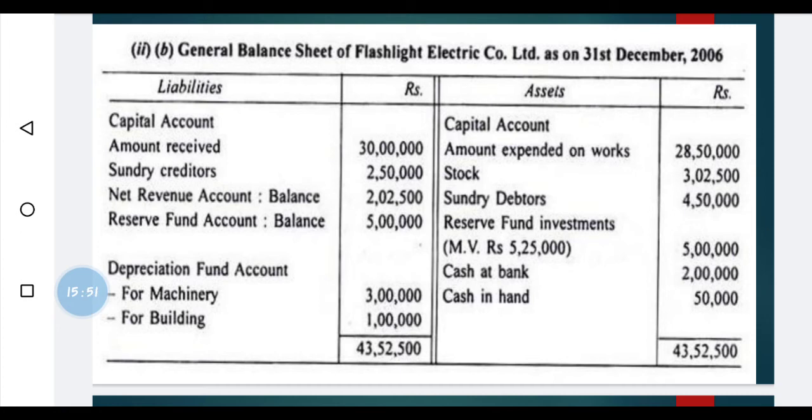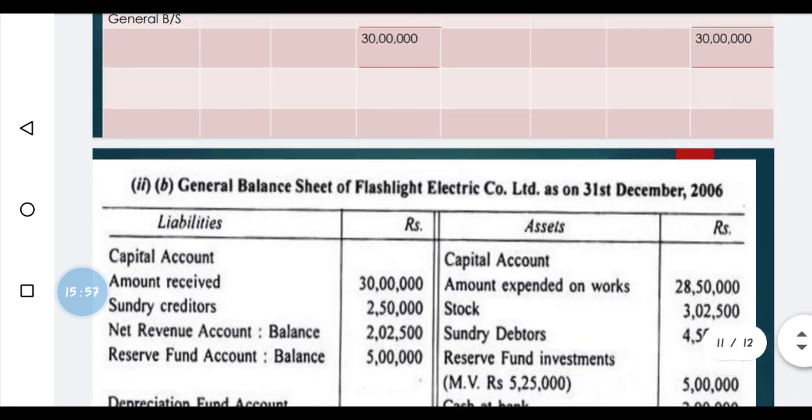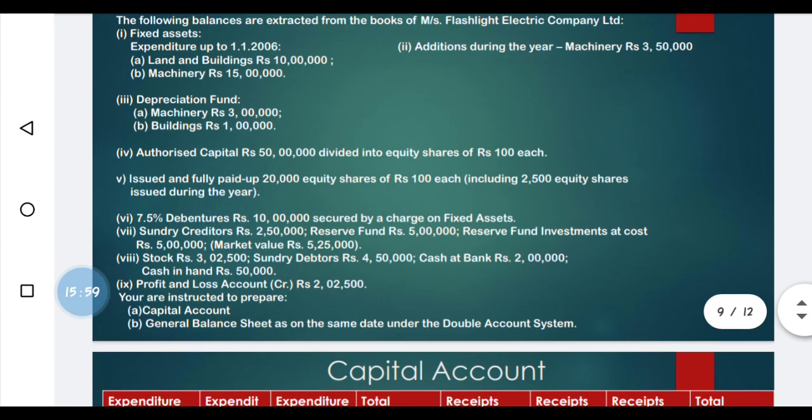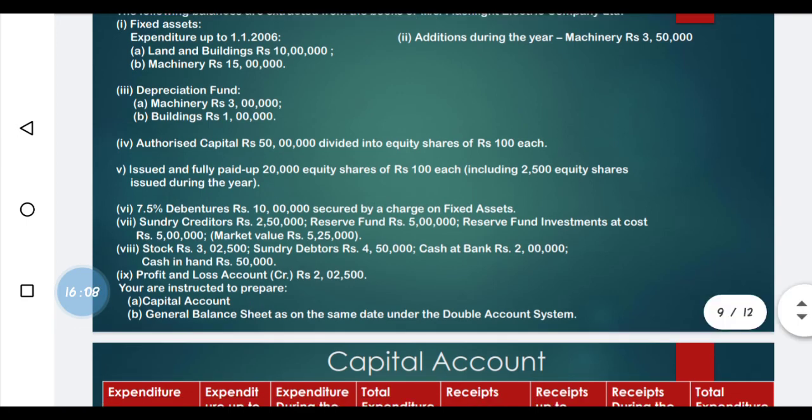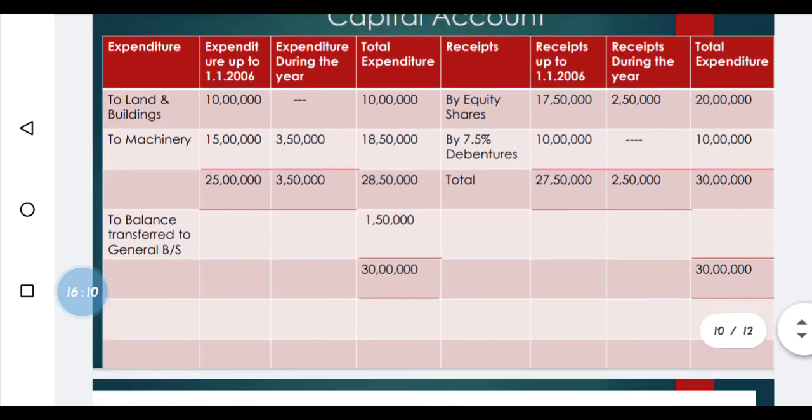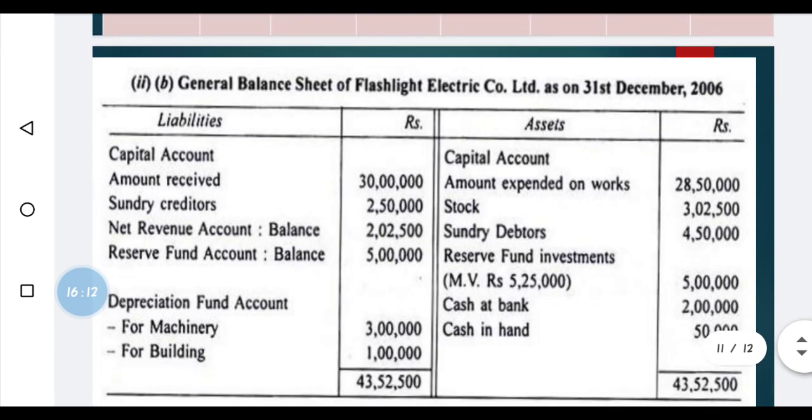Next you have to take the current liability, sundry creditors. Next, net revenue account balance, which is given in the sum itself. See the 9th point, profit and loss account credit 2,02,500, you have to write in the general balance sheet on the liability side.